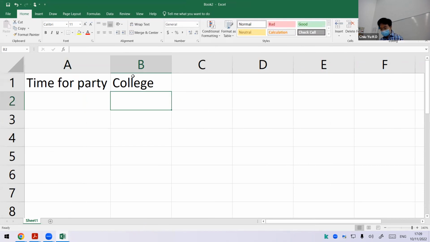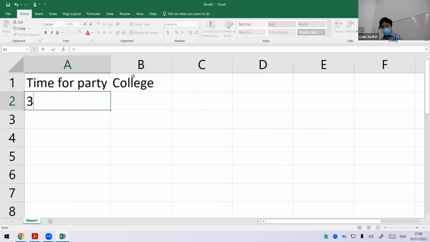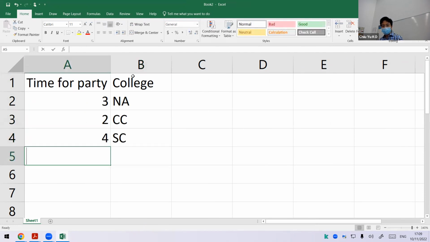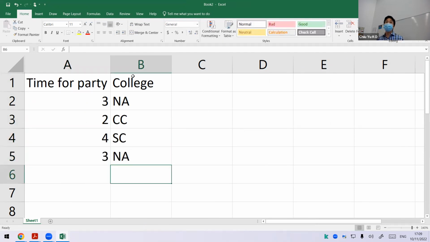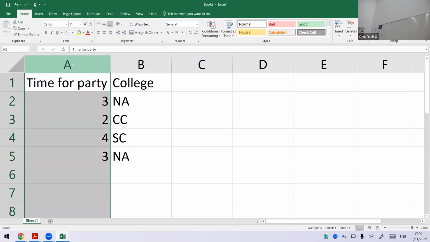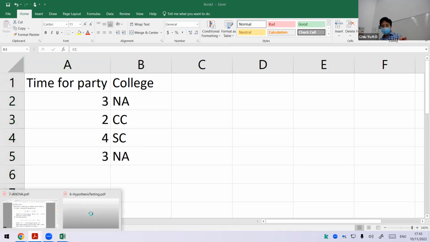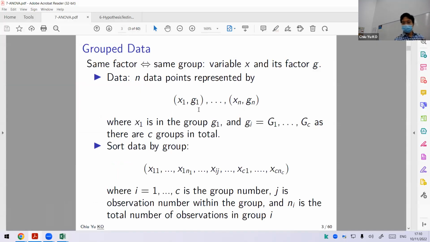They spend 3 hours for party for NA college, 2 hours for CC college, 4-hour party for SAW college, another person maybe 3-hour party for NA college, and so on and so forth. Each observation is not just a number, but you also record which college they're in. So each observation will attach the group information. Is that clear what's going on? Each data point is the number and the group.